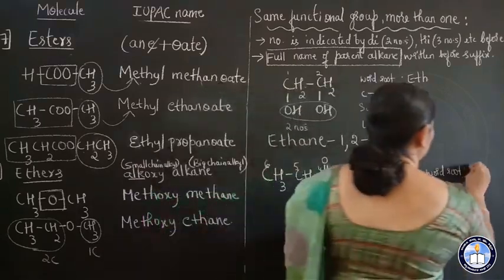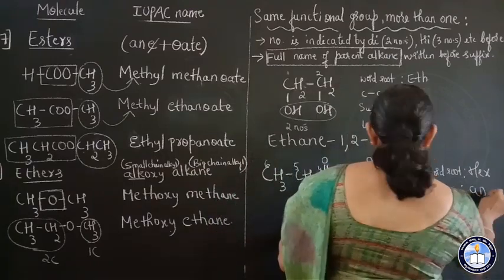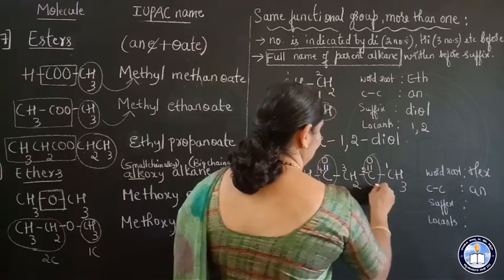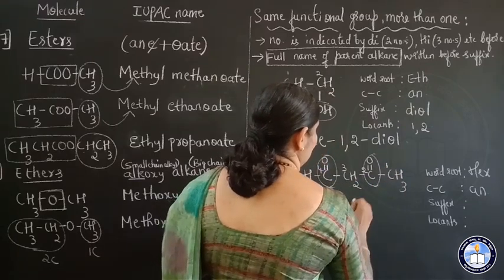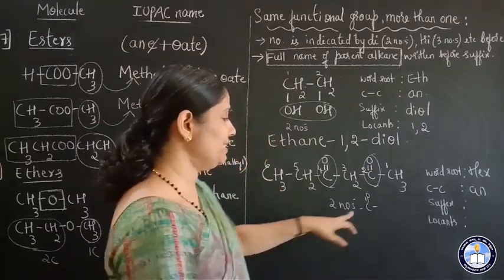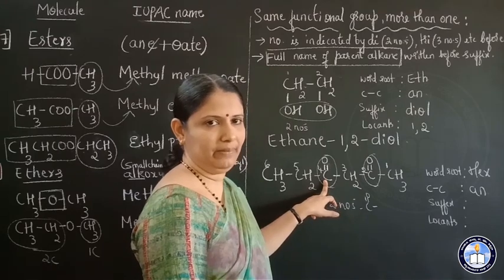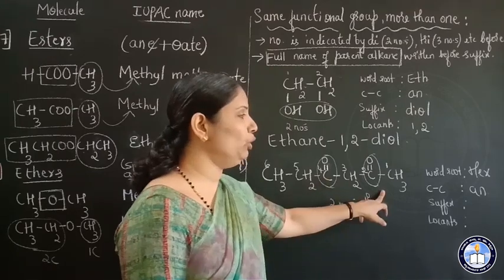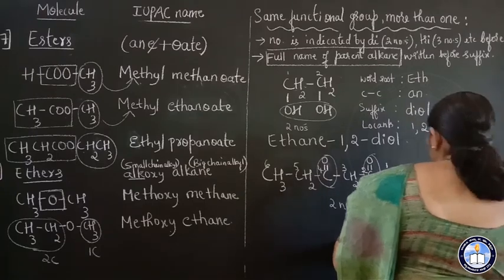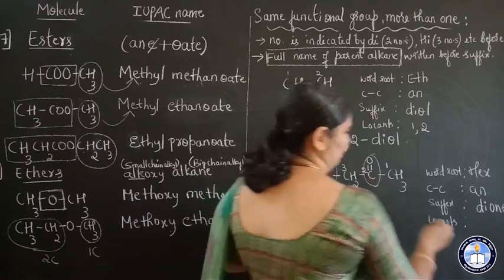So with 6 carbon atoms, the word root is hex. Carbon-carbon single bond, so AN. See here, 2 numbers of the same functional group, 2 numbers of CO group, isn't it? What is the suffix for the CO group? It is ONE. Now it is present in 2 numbers, so dione. Locants 2 and 4.